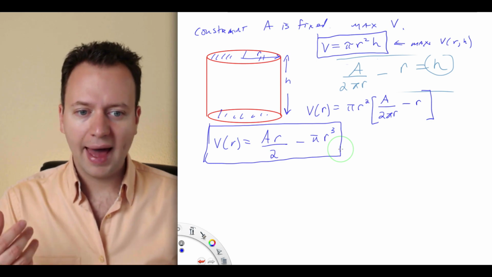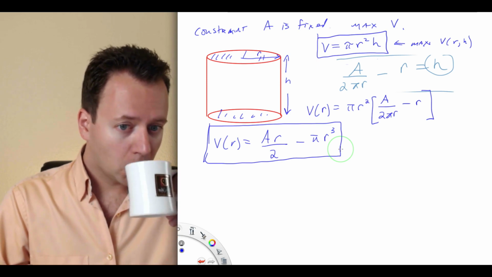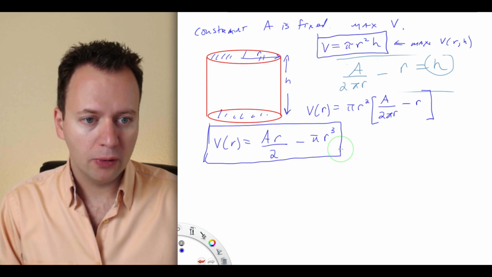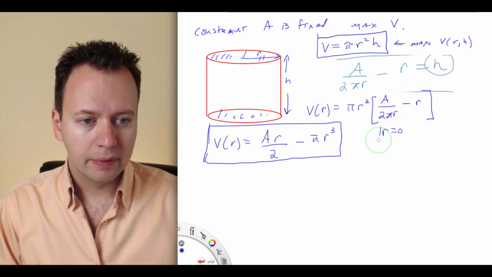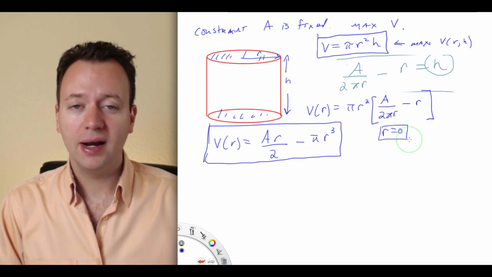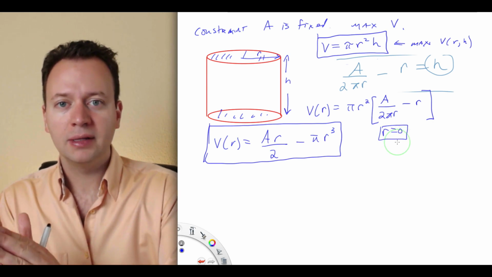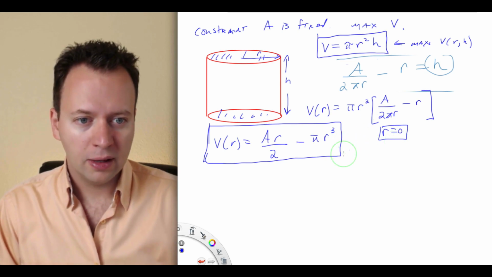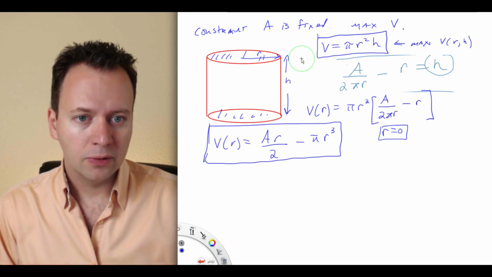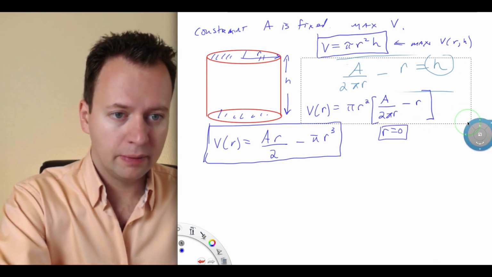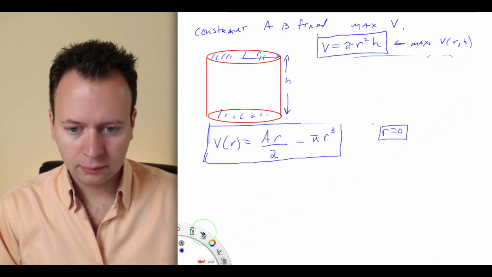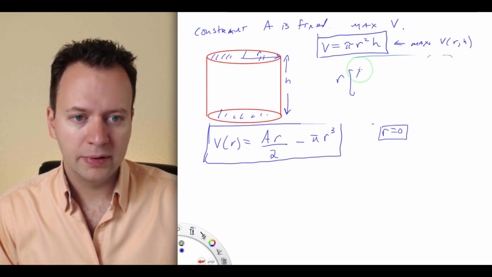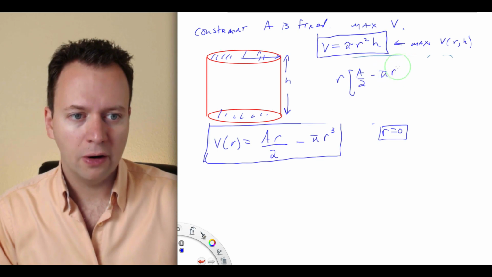Now, this is going to have some boundary points. So certainly r equals 0 is a boundary point, right? You cannot have a cylinder with radius less than 0. So one physical limitation on the values of r is r equals 0. Now there's another one. So we can think about factoring out an r times a over 2 minus pi r squared.